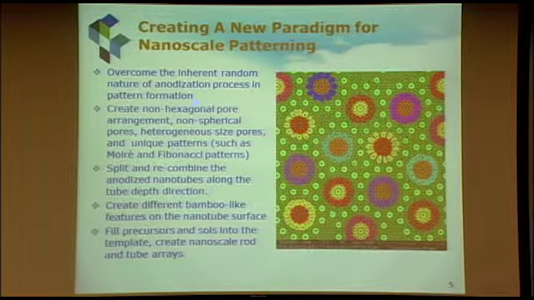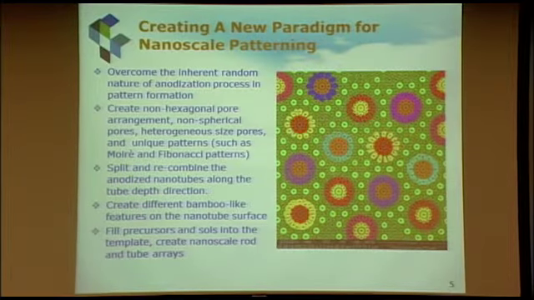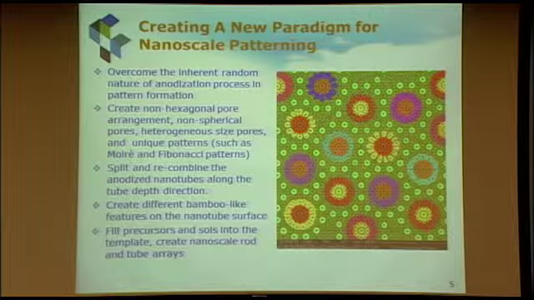We not only want to change the surface arrangement, we also want to do a few things in the pore depth direction. We want to be able to split the pores and merge them later on, or create different features on the tube surface. Tube and pore are two things. When these pores are connected in a matrix, we call them pores, but for certain materials, we can actually remove the connecting points and make them into long tubes.